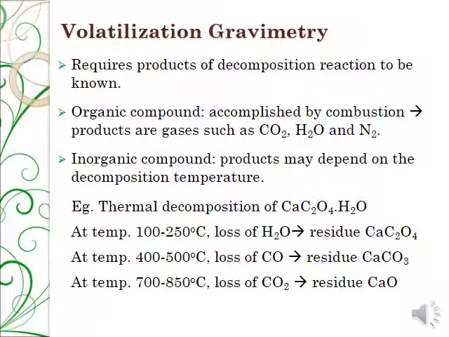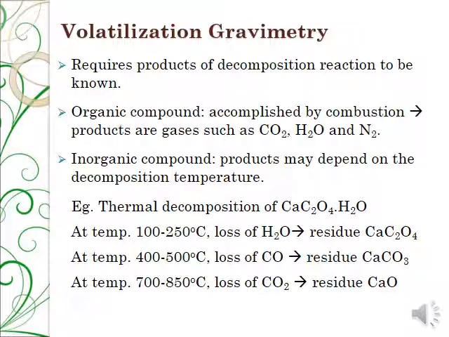Volatilization gravimetry requires the products of the decomposition reaction to be known. If it involves an organic compound, it can be accomplished by combustion, and normally combustion of an organic compound will produce volatile gases such as carbon dioxide, water vapor H2O, and also nitrogen gas. For inorganic compounds, the products may depend on the decomposition temperature used. For example, the thermal decomposition of calcium oxalate monohydrate.